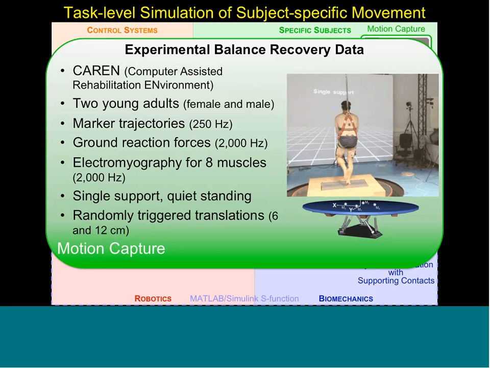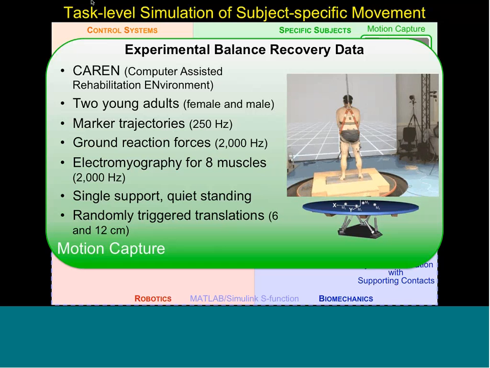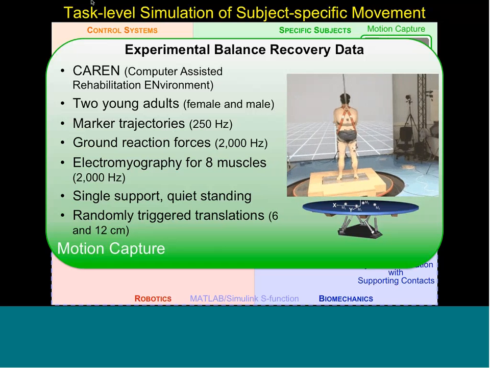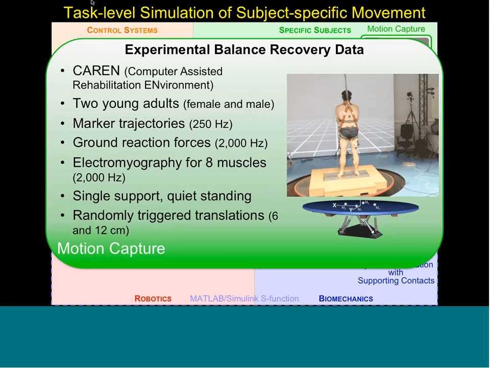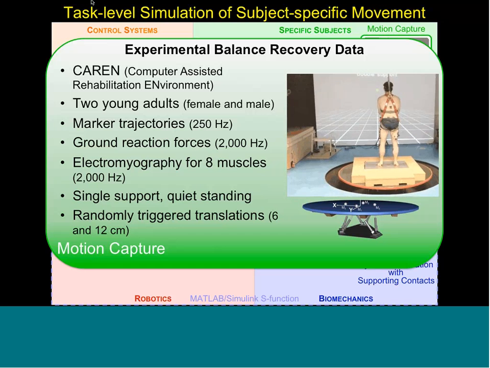We used the CAREN platform, which is a computer-assisted rehabilitation environment. Basically, it's a Stewart platform that can translate with 6 degrees of freedom on the ground floor. We used 2 young adults, 1 male and 1 female.